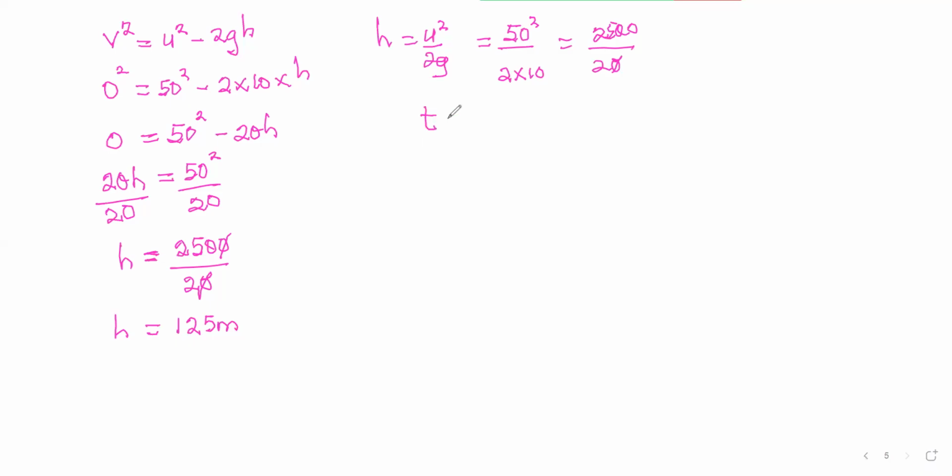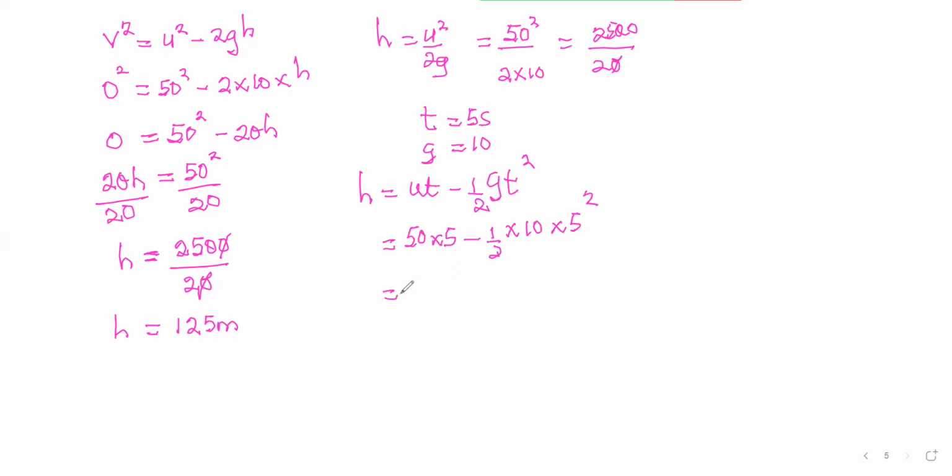If t is equal to 5 seconds and g is equal to 10, then using h is equal to ut minus half gt squared, we have 50 times 5 minus half times 10 times 5 squared. 50 times 5 is 250, minus half of 10 is 5, so we have 5 raised to the power 3, or 5 cubed.